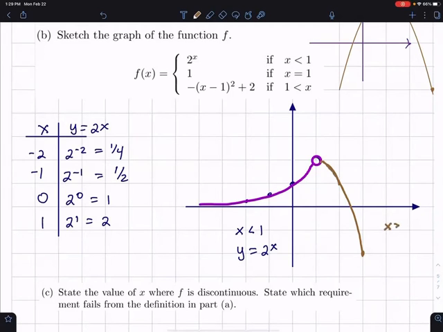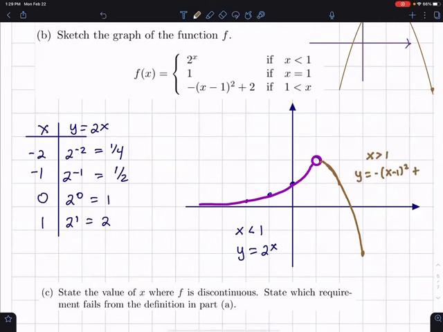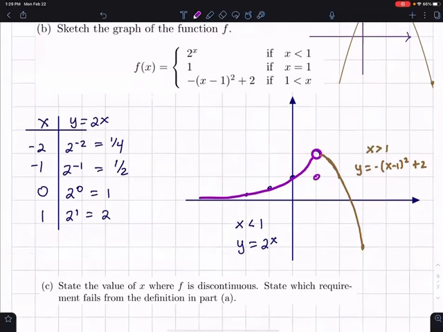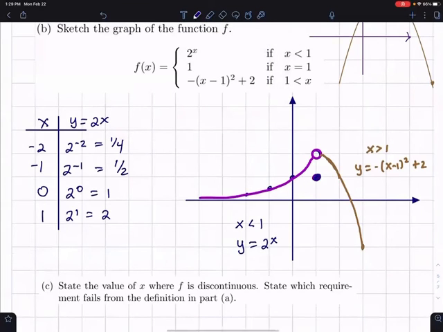So when x is greater than 1, we have y equals negative (x minus 1) squared plus 2. I'm going too slow, but it's okay. And when x equals 1, I have this point over here, which is 1, 1. So far, so good.